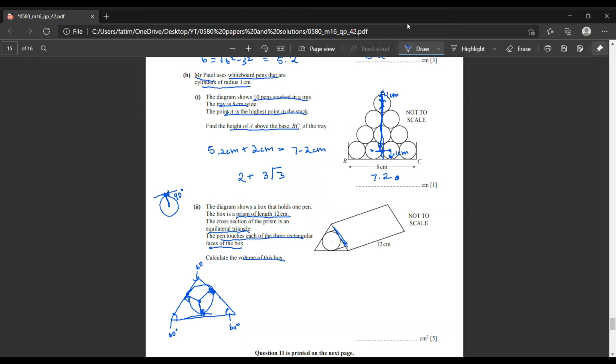And we know that the total angle of a circle is 360 degrees. Now this circle is divided into 3 portions, right? So 360 divided by 3 will give me 120. Yeah, 120 degrees. So we know that this angle over here is 120. We know that this angle over here is a right angle, this is a right angle, and this is 60 degrees.